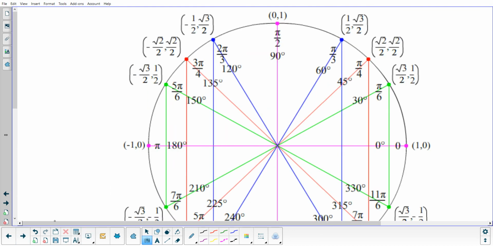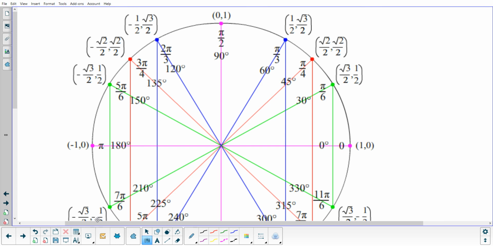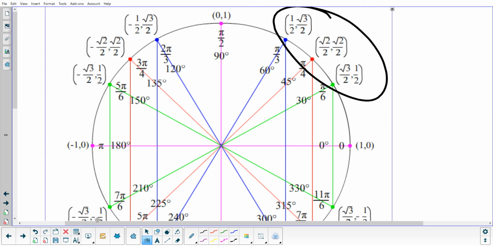So if you look at this diagram, everything in this diagram is what we've been doing. These are the only 3 things you have to remember. The root 3 over 2, the root 2 over 2, and the 1/2. The blue triangles are all your 1/2 root 3 over 2s, mirror imaged into every quadrant.